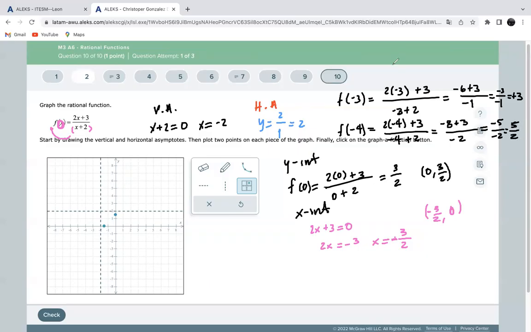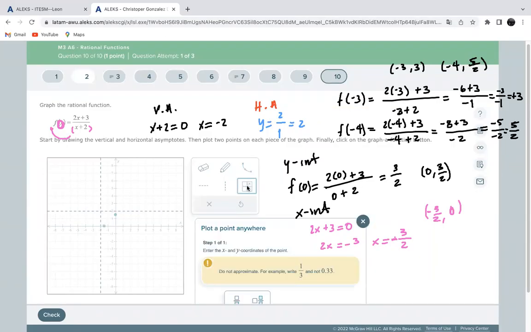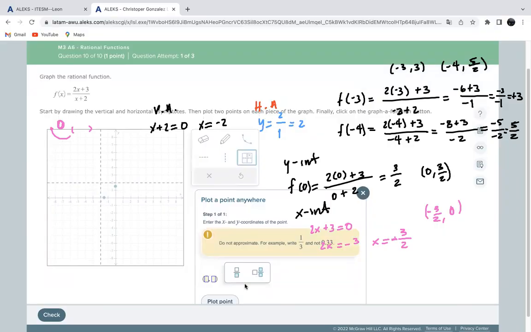So your coordinates are going to be (-3, 3) and (-4, 5/2). So let's see if that works. Let's start with (-3, 3) and (-4, 5/2).